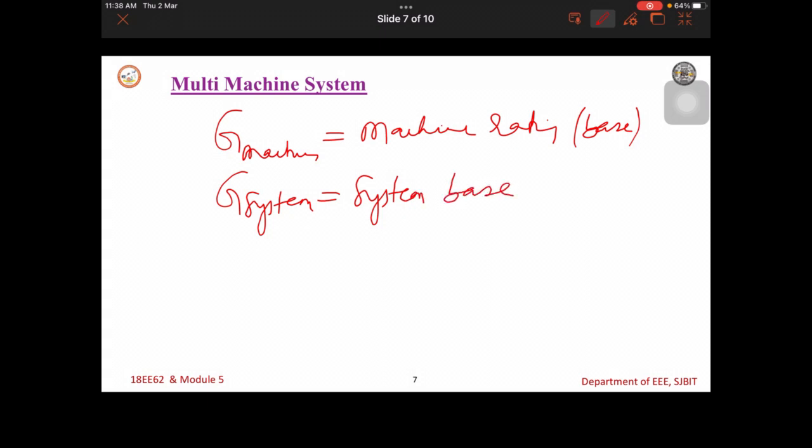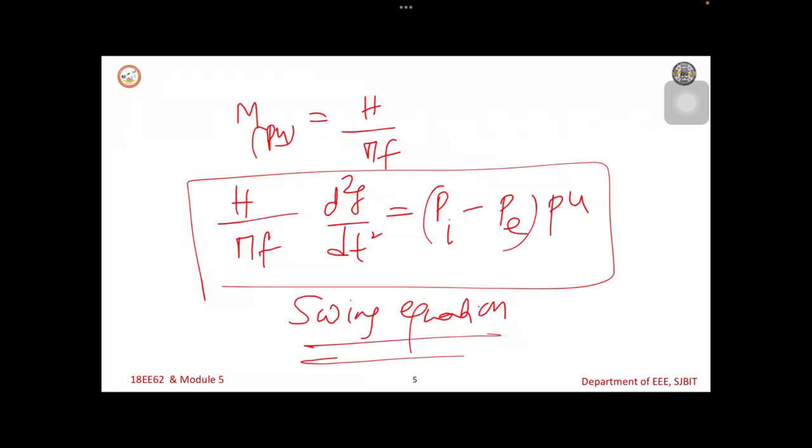So, the equation we have in the previous slide, this equation is the swing equation. Let us write here.